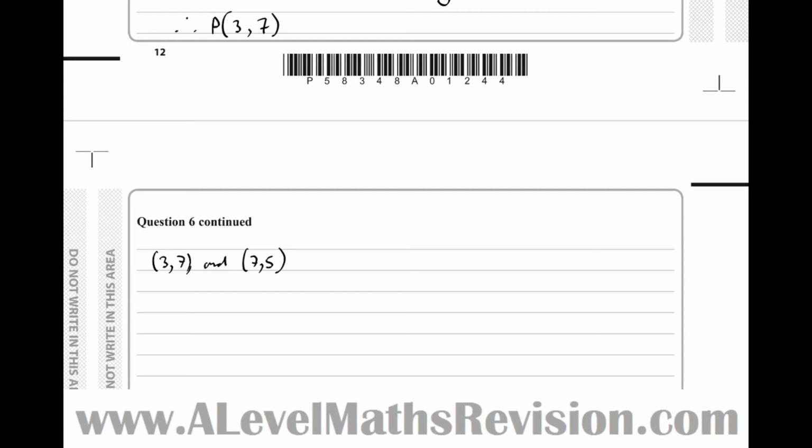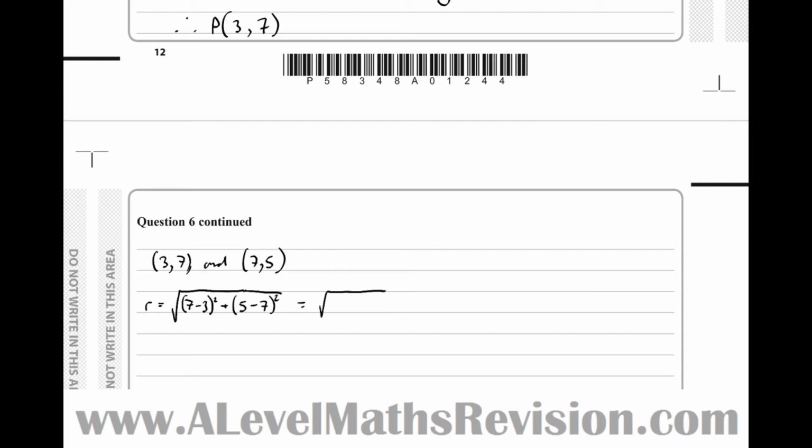Right, so the x distance is 4. 7 take 3 is 4. So the square root of the x difference squared plus the y difference squared. So 5 take 7 squared. So that's the radius equals that.